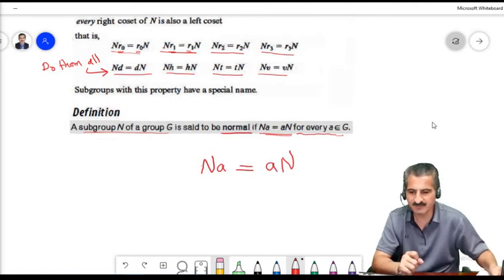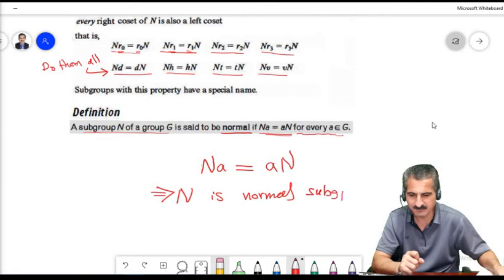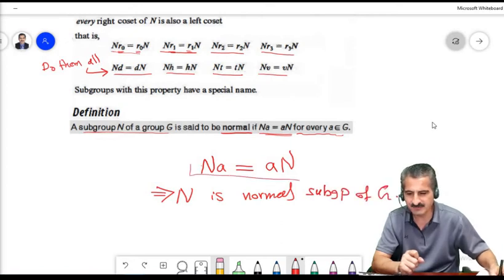If they are all equal, then we will say N is normal. We are assuming it is a subgroup, then it is a normal subgroup of G. So this is the definition of normal subgroup.